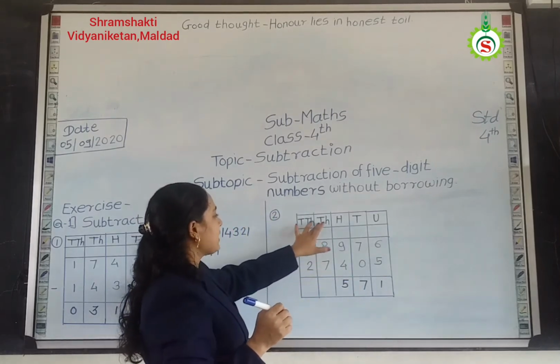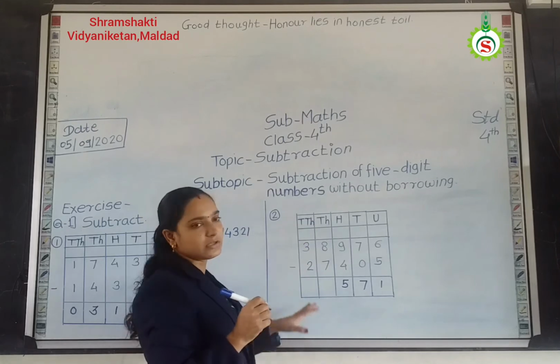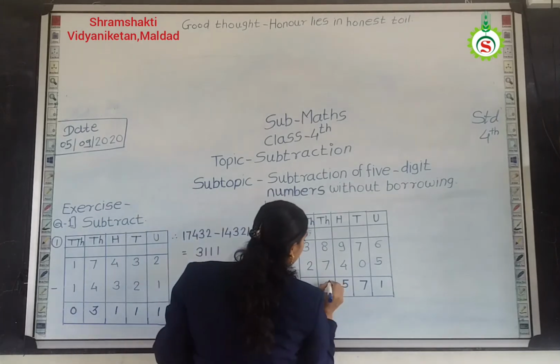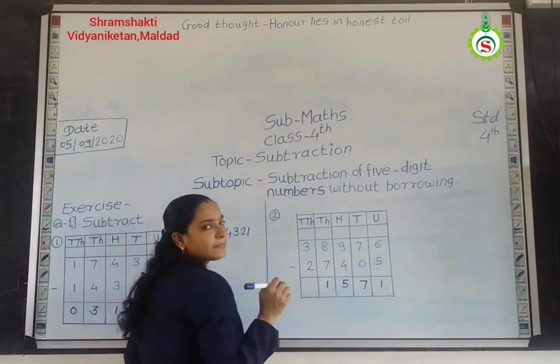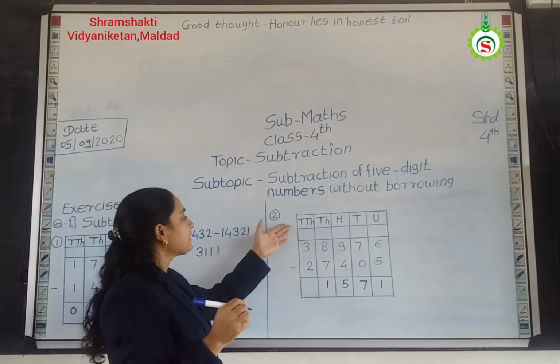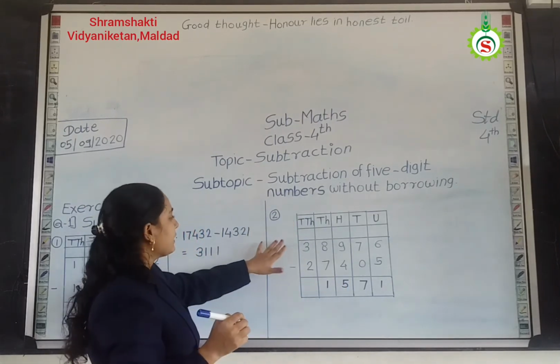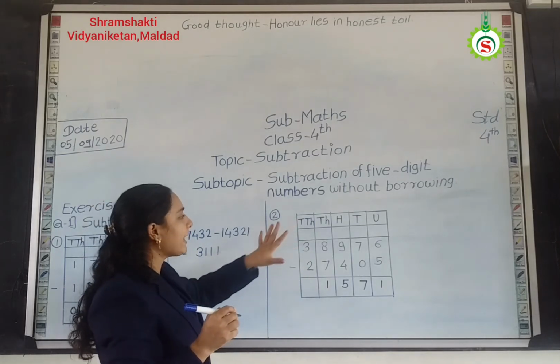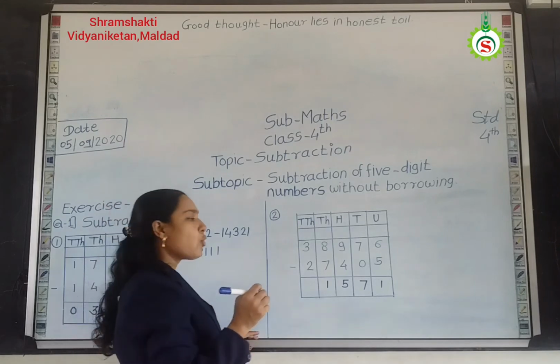Next, 8,000 minus 7,000, how much? 1,000. Write down here 1 at the thousands place. And last, the 10,000's place: 3 ten-thousands minus 2 ten-thousands, how much? 1.